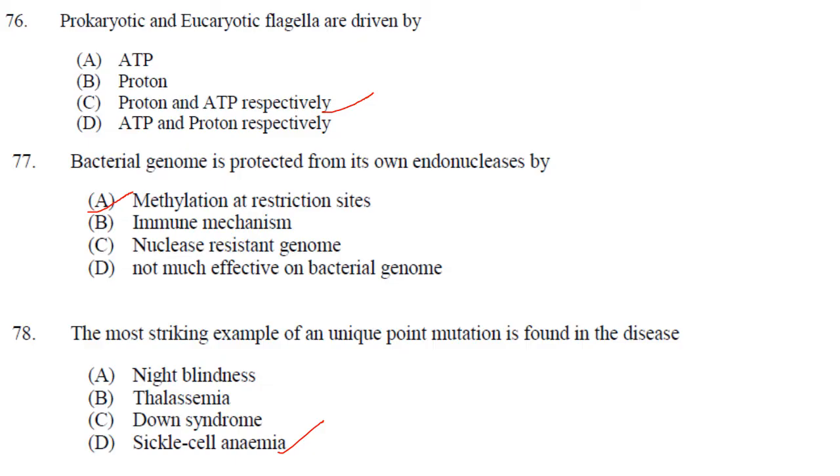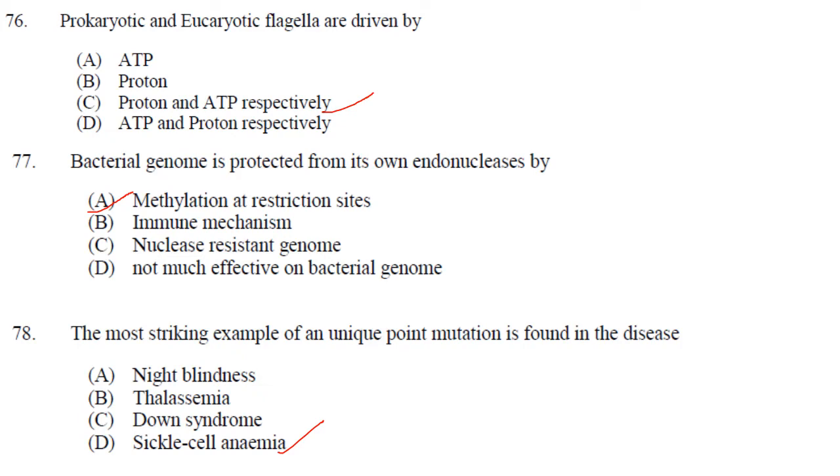So bacteria have to prevent these restriction enzymes from digesting their own DNA, and how they do this is by masking the restriction sites with methyl groups. Methylation of DNA is a common way to modify DNA function, and bacterial DNA is highly methylated. By doing this methylation, the restriction sites become unrecognizable for the restriction enzyme. So answer is option A, that is methylation at restriction sites.